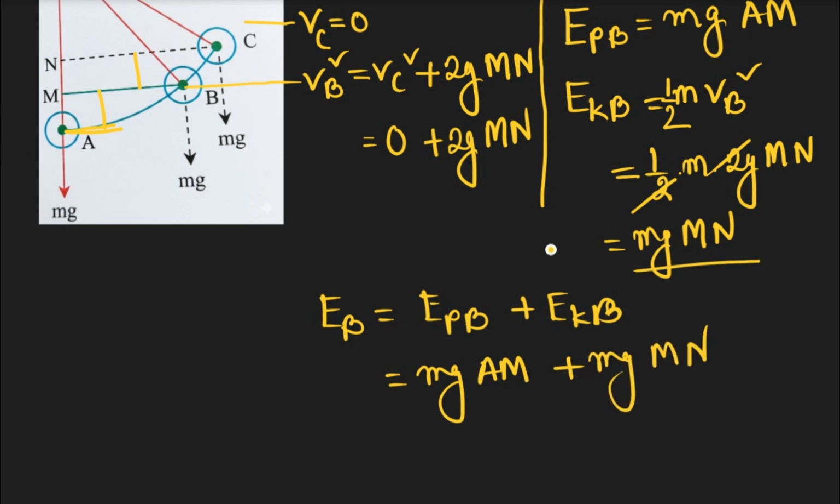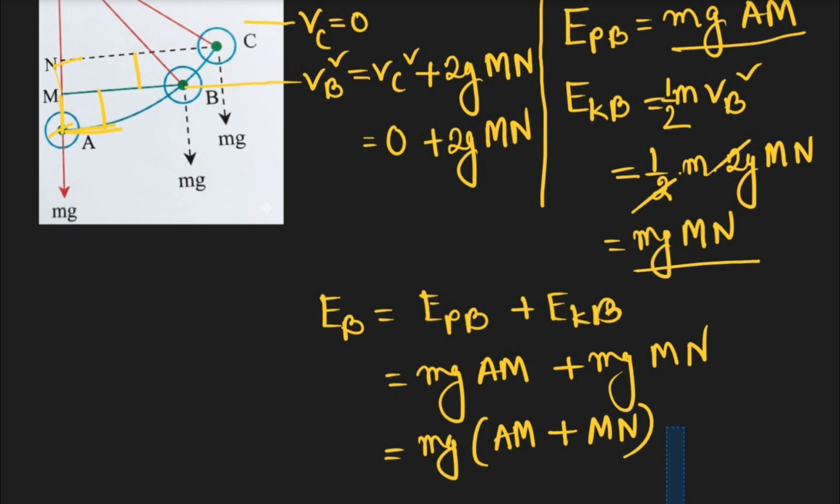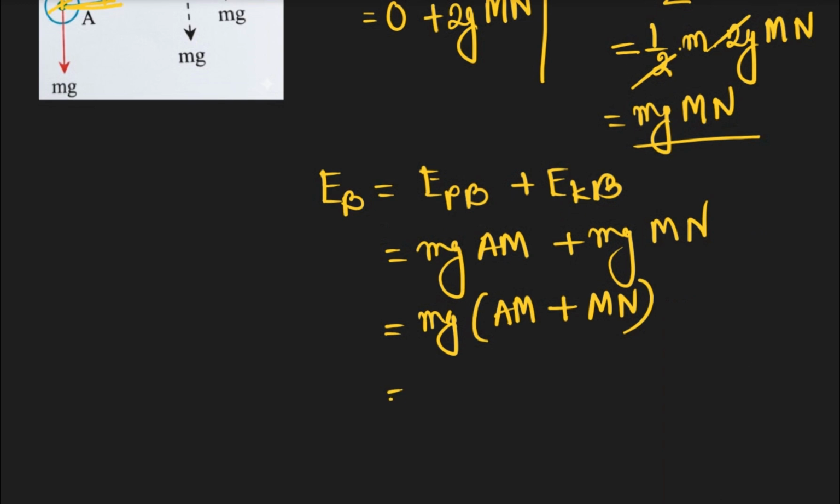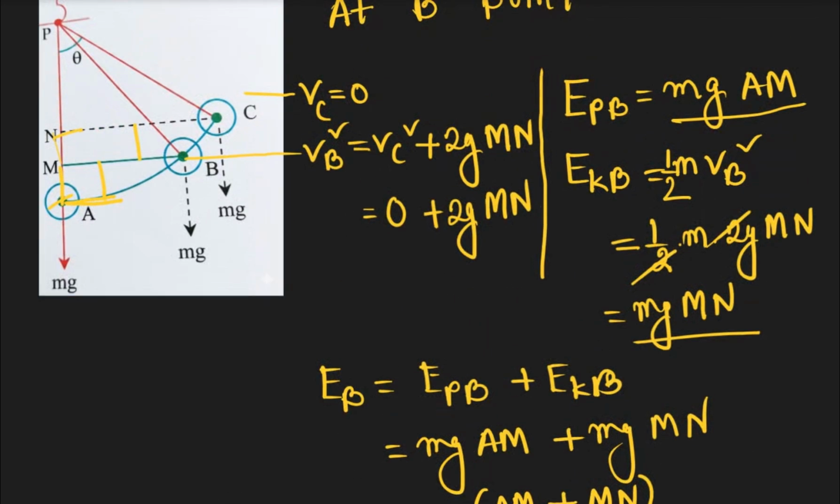So this is EPB and this is EKB. We can take mg common, then AM plus MN, and here we can see AM plus MN all together we can write AN. So the total energy we can write mg AN, right?